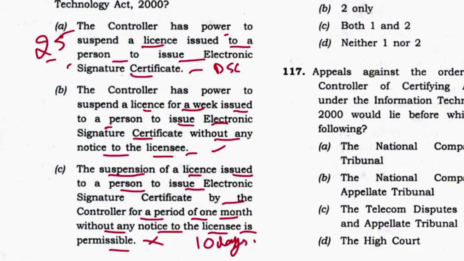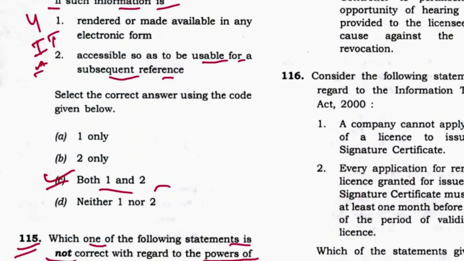Now you would be thinking, when the limit is 10 days, in section 25 subsection 2 proviso. ओके, अब आप सोच रहे हैं कि भाई ये सेकंड स्टेटमेंट कैसे ठीक है। देखिए मैक्सिमम 10 डेज और यहाँ पे सिर्फ एक वीक के लिए सस्पेंड किया है विदाउट एनी नोटिस, तो ऑब्वियसली 10 दिन से ऊपर नहीं कर सकते, 10 दिन से नीचे तो कर सकते हैं ना, तो इसलिए बी इज करेक्ट, सो सी इज रॉन्ग एंड नॉट करेक्ट पूछा है तो सी रॉन्ग हो गया, तो सी ही इसका आंसर है। डी भी देख लेते हैं.